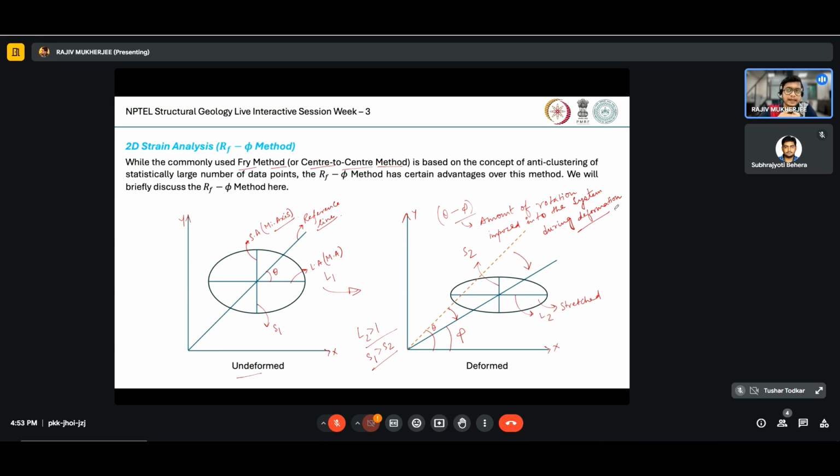But instead we say that no, markers can possess a certain initial orientation, that is theta, and they can also possess some initial ellipticity in the system, right?